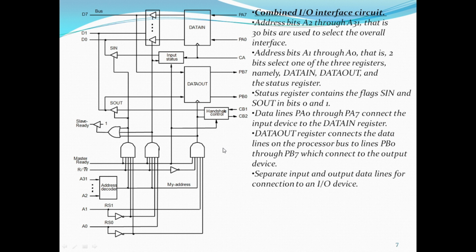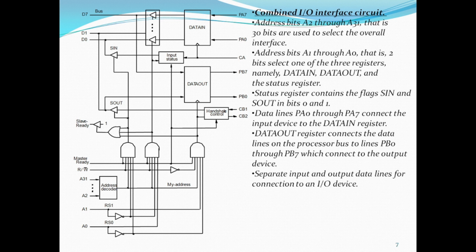In this case, the overall interface is selected by the high order 30 bits of the address. Address bits A1 and A0 select one of the three addressable locations in the interface, namely two data registers and the status register. Here the status register contains the SIN flag and SOUT flag.